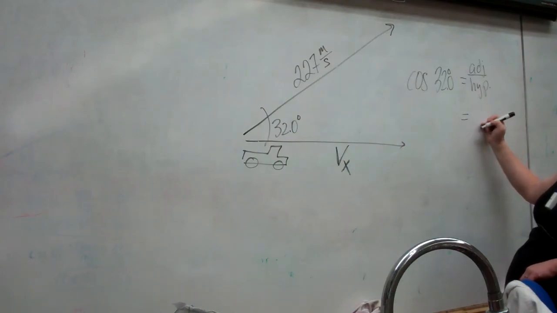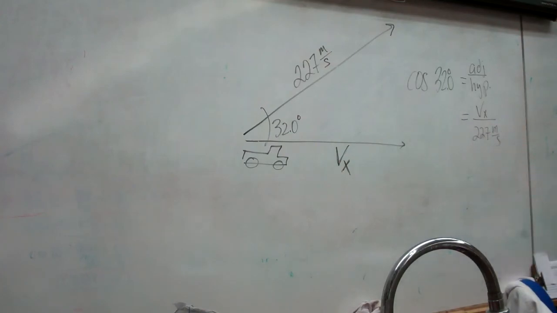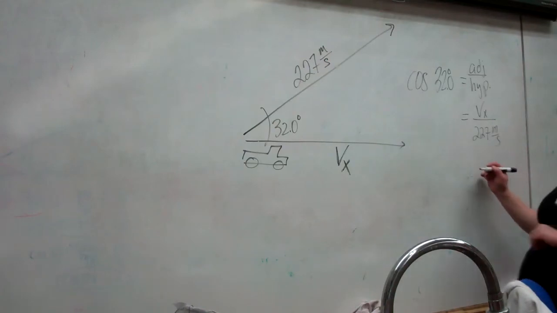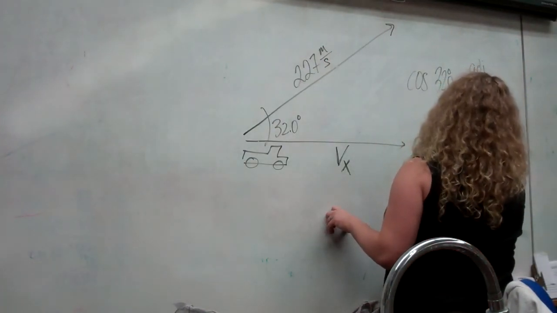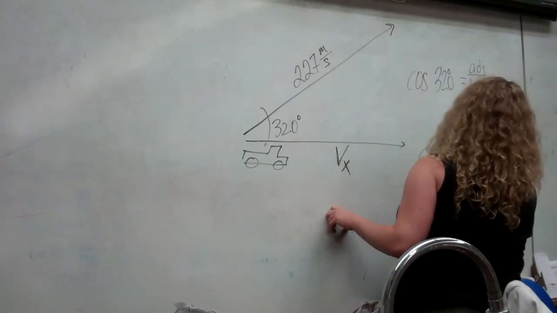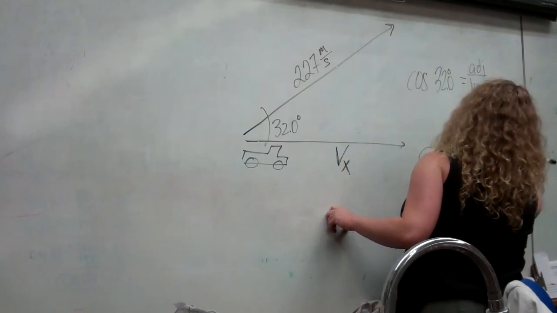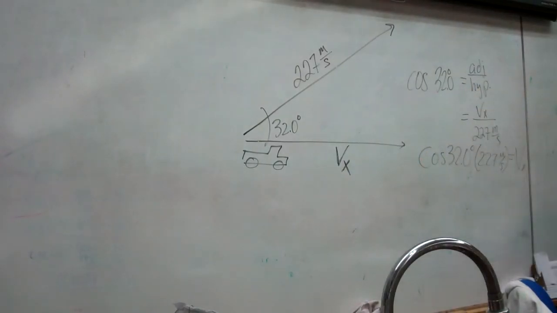In this case, that equals v sub x over 227 meters per second. We can solve for v sub x. Times 227 meters per second equals v sub x. Go ahead and solve for your x velocity.